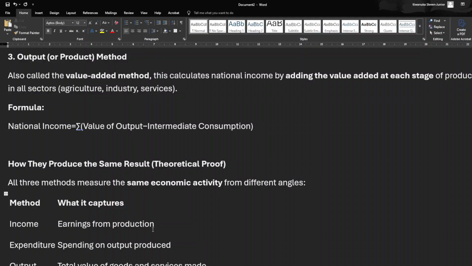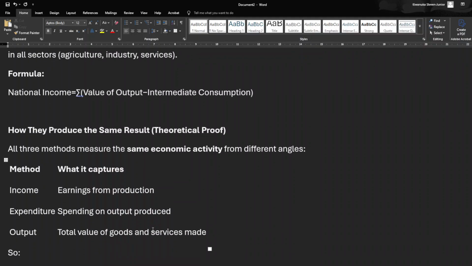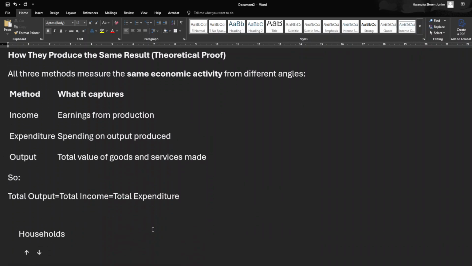That is expenditure, spending and output produced. Then output is the total value of goods and services. So at the end, the total output equals the total income, and at the same time equals the total expenditure, what you are going to spend to get the product you are selling.